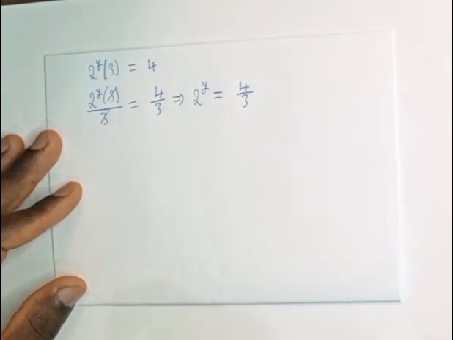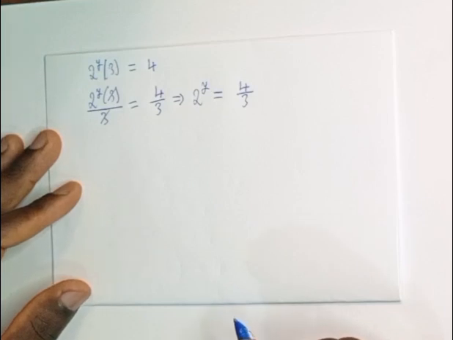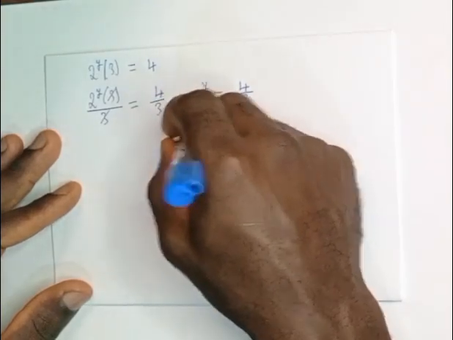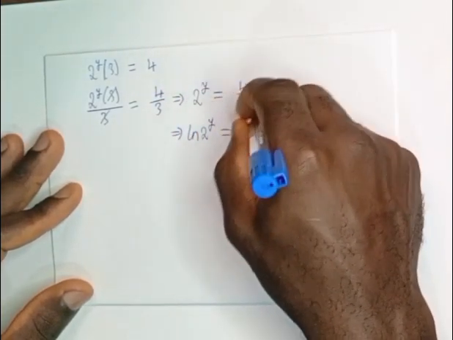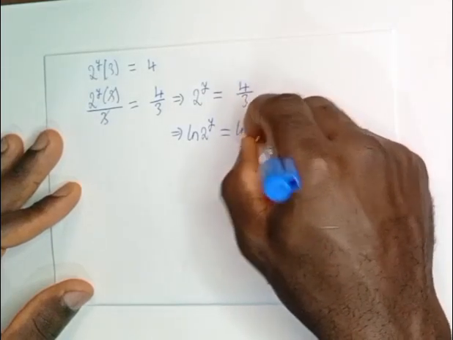Next step, we are going to take ln at the left hand side and ln at the right hand side. Or you can still decide to take a log to the base 10. It depends on you. Then the ln of 2 raised to the power y is equal to the ln of 4 over 3.